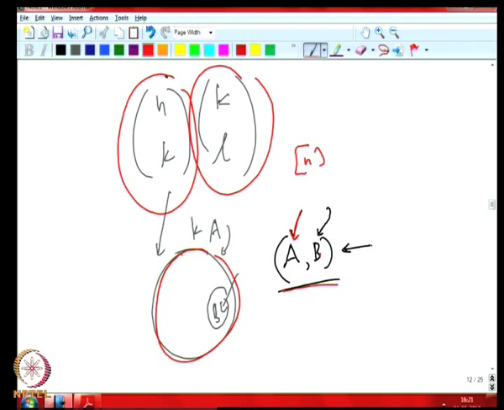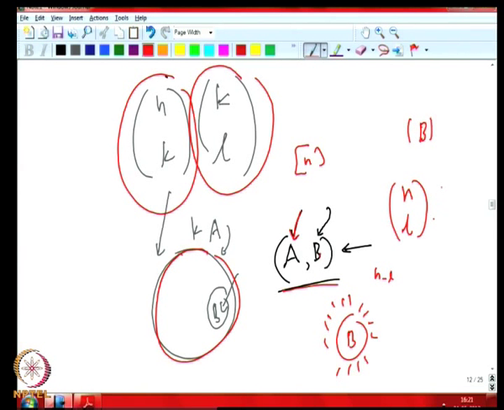How? You could have first selected B, namely the L element subset. That can be done in n choose L ways, right. After selecting B, you can fill in, like we have done before, the remaining, because you have already selected L elements. From the remaining n minus L elements of the universe, you could have selected any k minus L elements, so that you can make a k element subset.